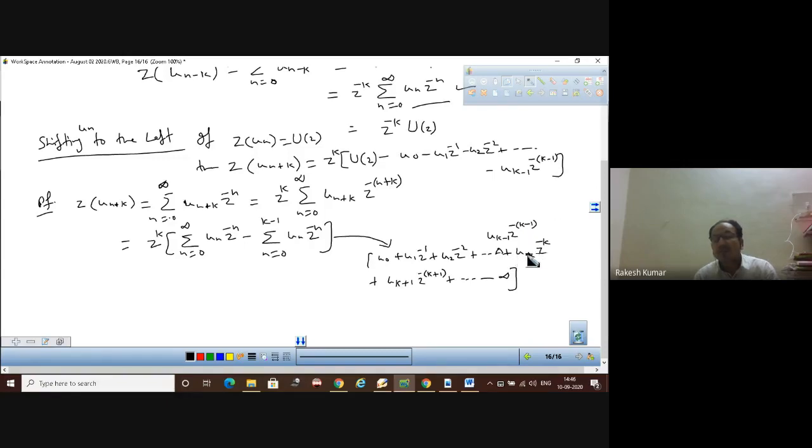This will be the term, because before k we should have k minus 1, then the previous term to this will be k minus 2. And if we subtract a few terms from here, the terms will be u_0 plus u_1 z raised to power minus 1 plus u_2 z raised to power minus 2 plus so on, u_(k-1) z raised to power minus of (k-1).